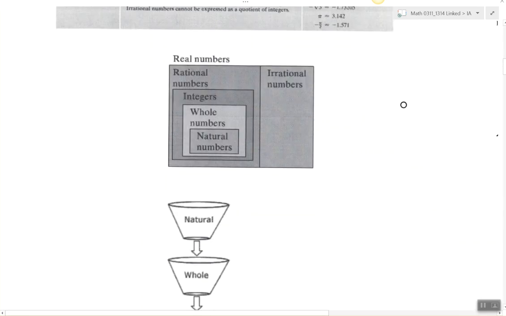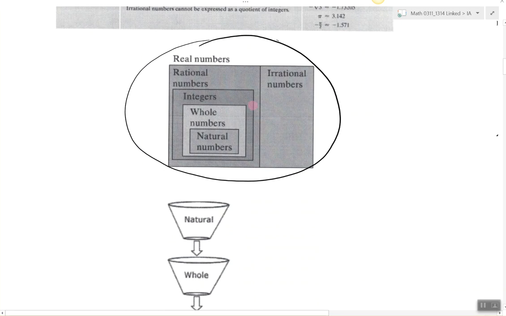Here's another picture that helps you think about the organization of the real numbers. We start out with the natural numbers. In this picture that we're looking at here, you can see that the natural numbers fit inside the whole numbers. The only thing the whole numbers have that the natural numbers do not have is 0.